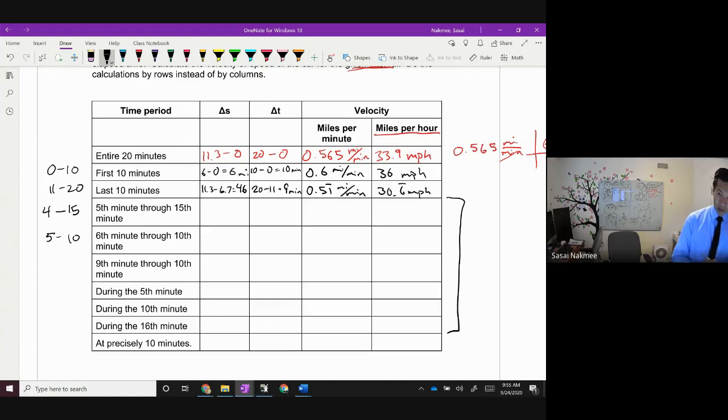So let's go ahead and calculate these out here and see what it is for the 9th minute through the 10th minute, 8 through 10. And then I want to see if you guys can figure out what would the time be for these key phrases right here for during.